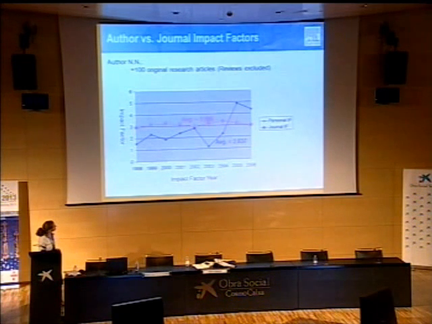And as you see, at the beginning of his career, his articles were actually less well cited, so people might have thought, oh, but they were published in a good impact factor journal. Whereas later on in his career, his articles were actually better cited than the average in the journals that he published in. So just to make the point again, don't judge an article by the impact factor of the journal where it's being published.